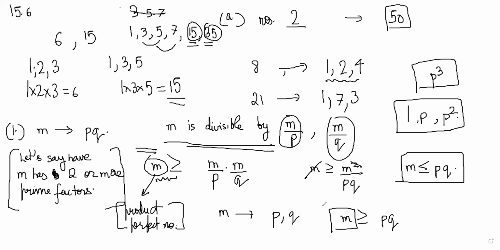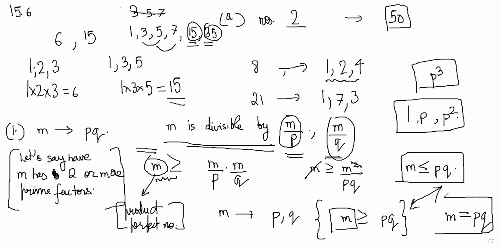So you have a direct M is greater than or equal to PQ. And by this method, we can say 2 more divisors are M by P and M by Q, at least. So we have M less than or equal to PQ from here. Combining these two, you know that M has to be equal to PQ, right? Yeah. Correct.